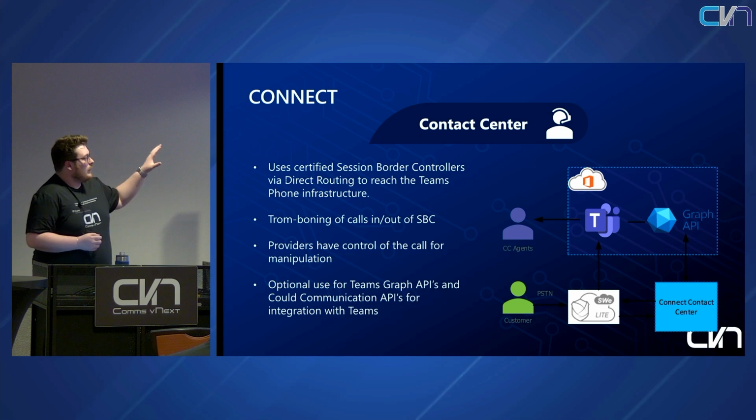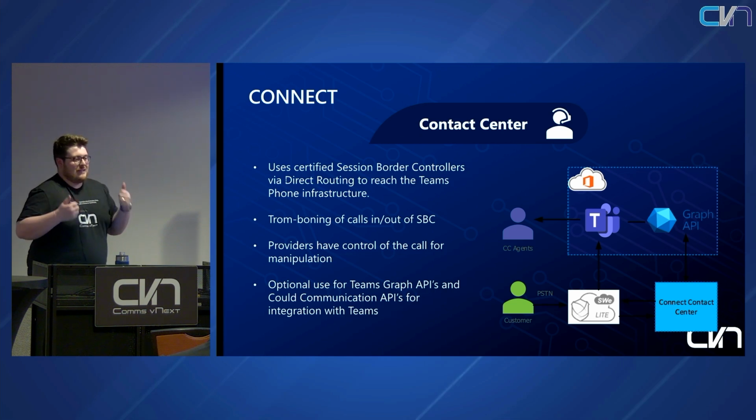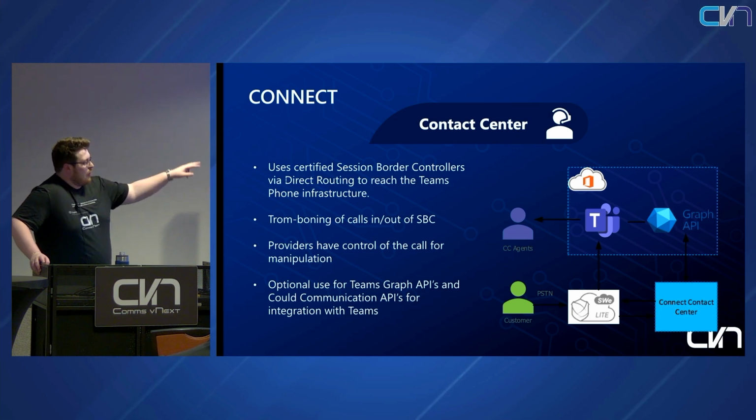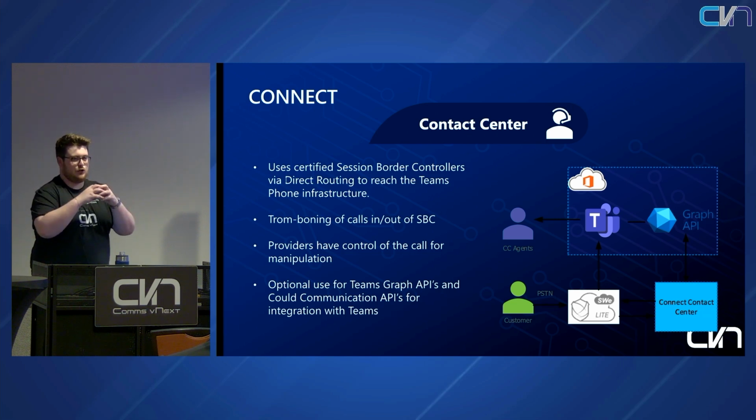It's going to use certified SBCs via direct routing to get out to that Teams phone infrastructure. You can see down at the bottom, the blue box, that's your contact center. And you'll see tromboning of calls between Teams, and the SBC and the contact center as it comes in, and the contact center does what it needs to do to the call before it then goes back out.